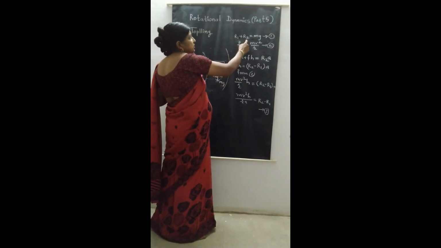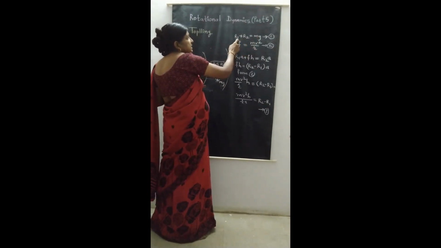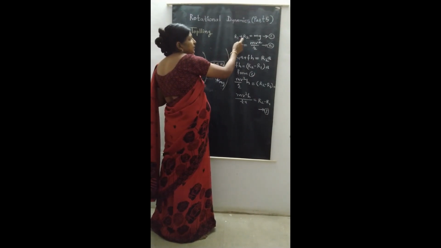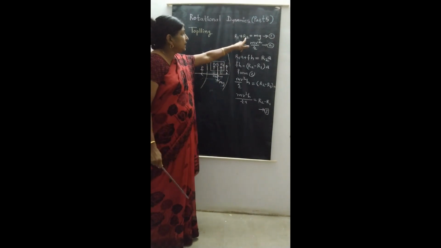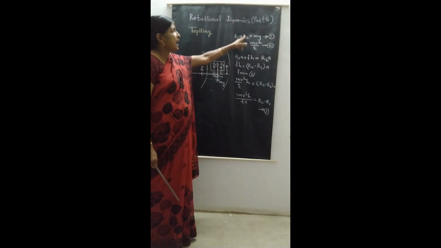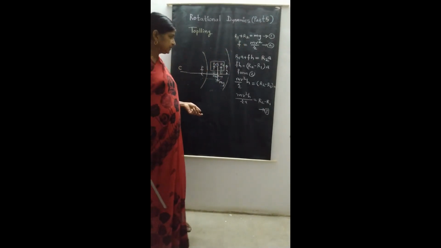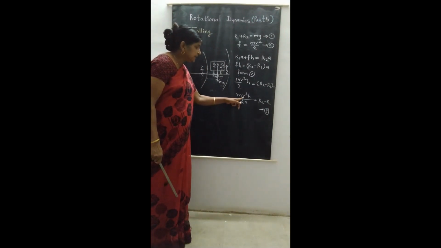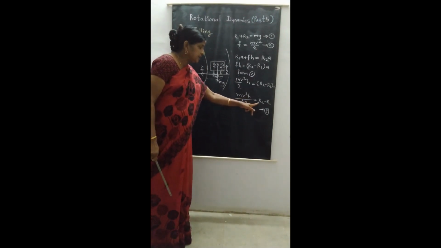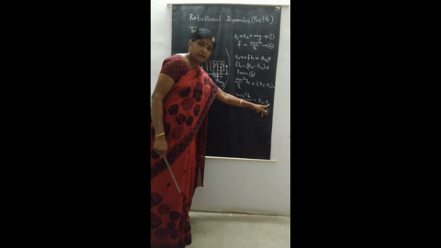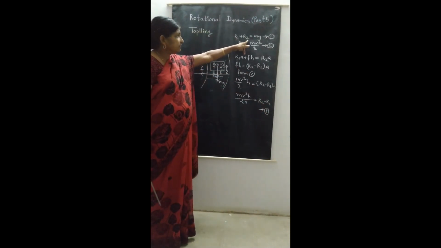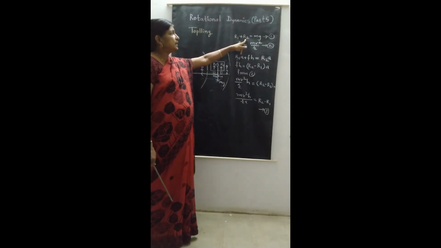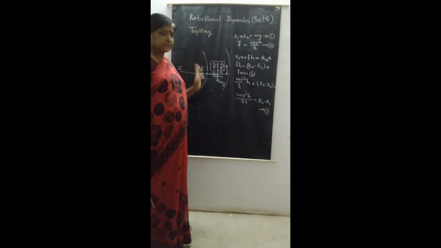This equation shows that the sum of R1 and R2 is mg. If R2 increases, R1 will decrease. When the velocity increases, naturally R2 minus R1 will increase. And here from this equation, if R2 increases, R1 decreases.